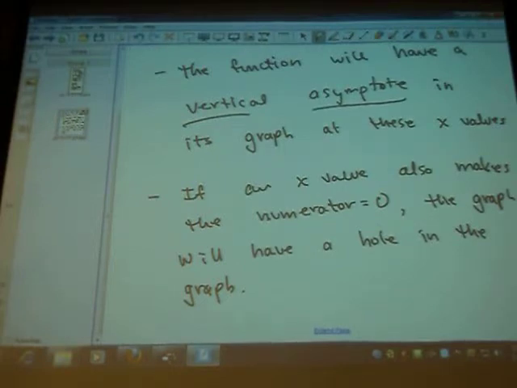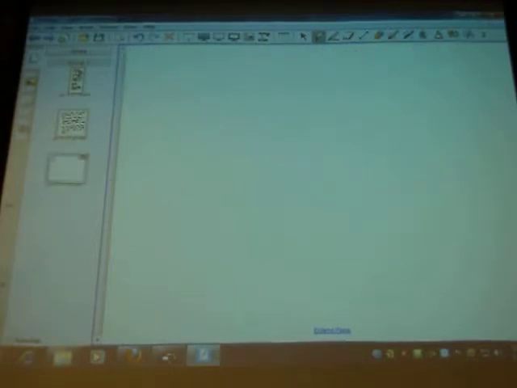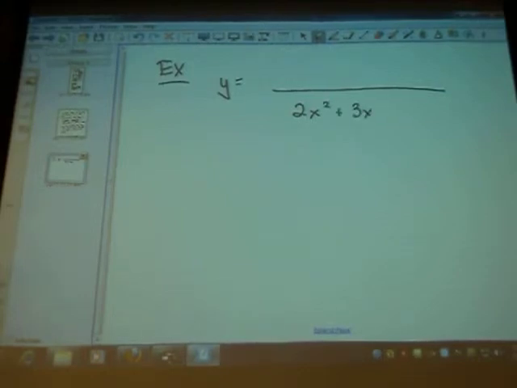Okay, so for an example, let's do this in groups or individually on a separate sheet of paper. Let's keep the denominator of that function the same. Well, let's make the numerator a little bit simpler.